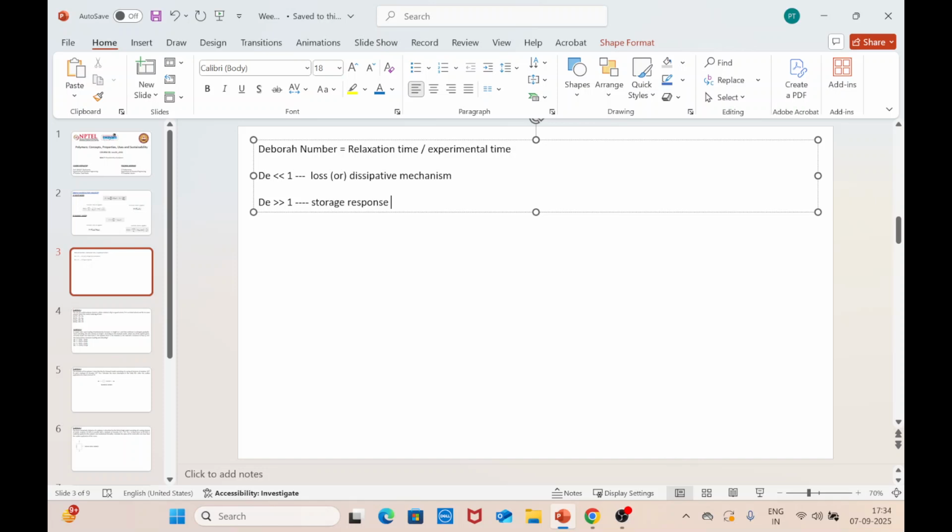So not much of the thermal energy will be dissipated in that case. So this type of response is a storage response. Depending upon this value, we can infer the percentage of each contribution.